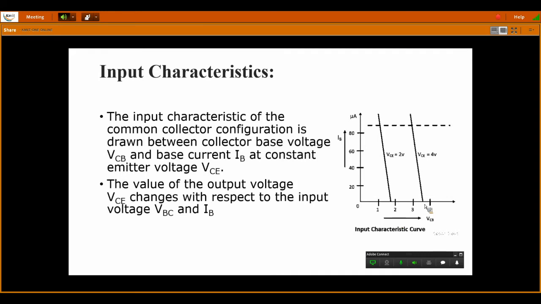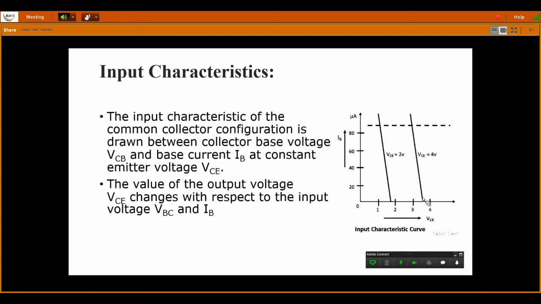For greater values of the collector to base junction voltage, the base current is falling. For lesser voltages of the collector to base junction voltage, you have the maximum current. When you go on increasing the collector to base junction reverse bias voltage, we have the decay in the base current.